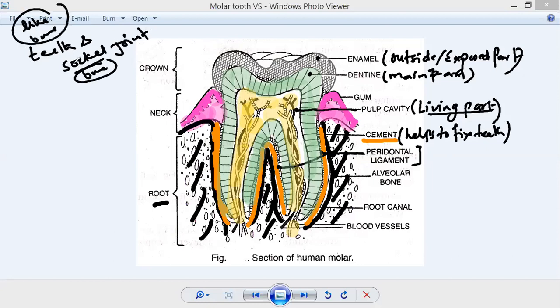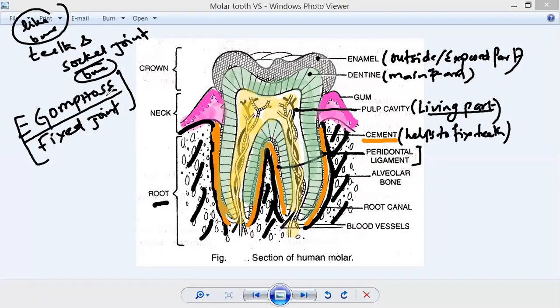So the joint between teeth and socket is called gomphosis, which is a type of fixed joint. We call this a gomphosis joint. This is a fixed joint. And what does fixed mean? Immovable joint. Understand?